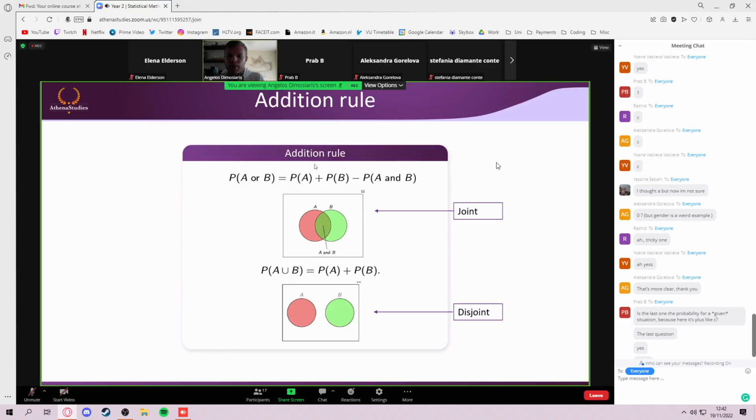So it's the probability of A plus the probability of B minus the probability of A and B. And with disjoint events, we don't have the probability of A and B because we don't have the dark green area. So in this case, it's the probability of A plus the probability of B.